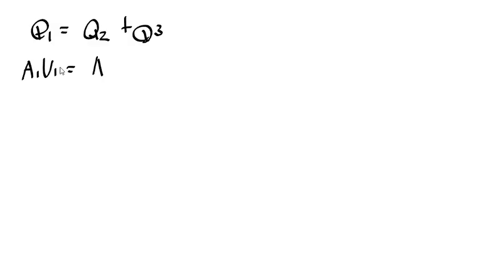Okay, so that brings us to the next part. Remember we said we will have to use the head loss due to friction. That formula we've used already, and now we have to use this one: Q1 equals Q2 plus Q3. And we have our equation here, which is A1 times V1 equals A2 times V2 plus A3 times V3.